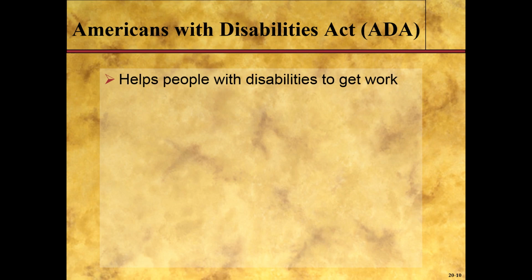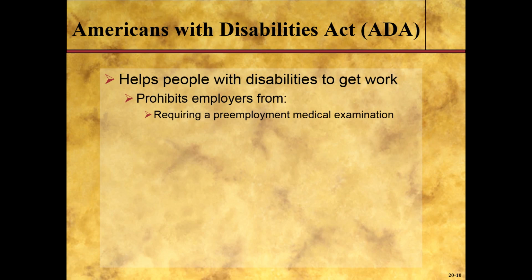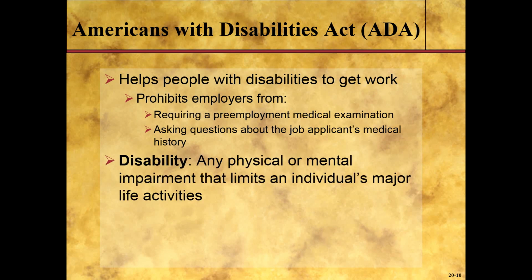Another anti-discrimination law is the Americans with Disabilities Act of 1990. It helps people with disabilities to get work and prohibits employers from requiring a pre-employment medical exam or asking questions about the applicant's medical history. A disability is any physical or mental impairment that limits an individual's major activities.